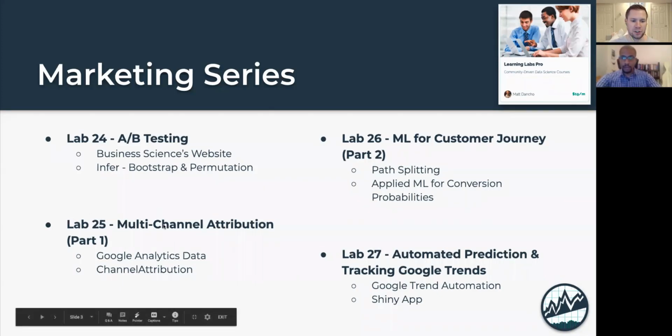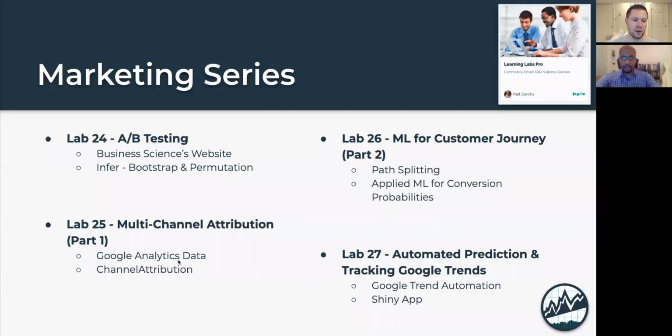We talked about multi-channel attribution in Lab 25, with, again, Google Analytics data, and then Lab 24 was on A/B testing, where we talked about the Infer library. So this is the Marketing Analytics series.